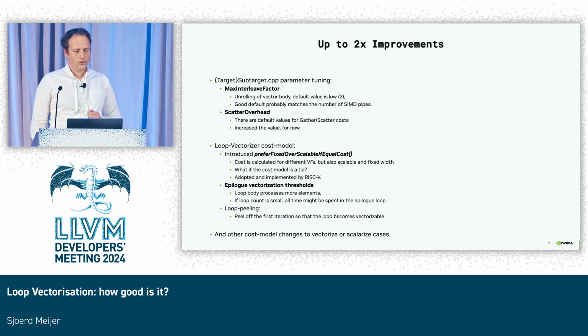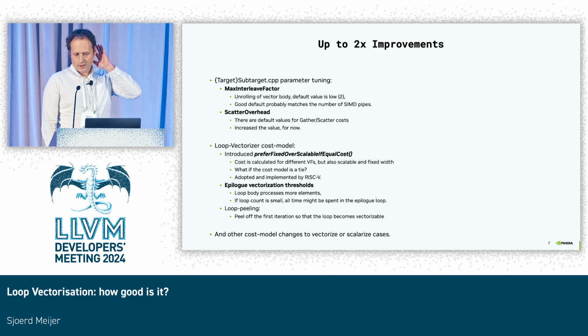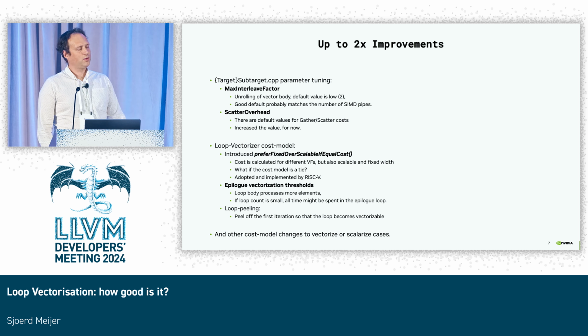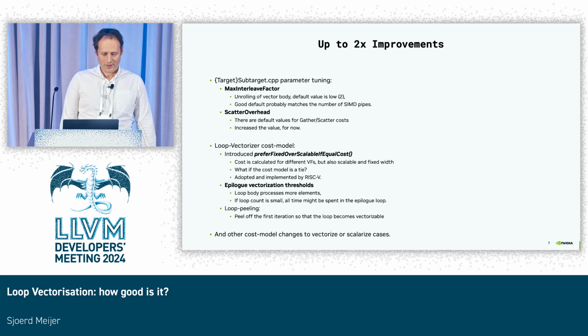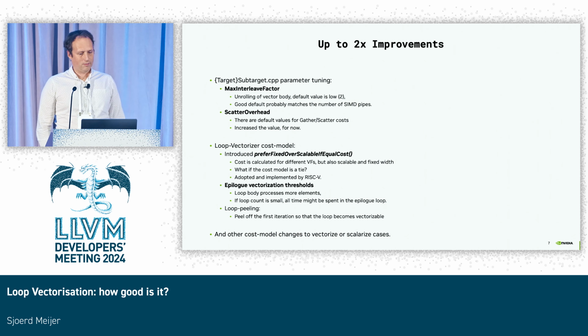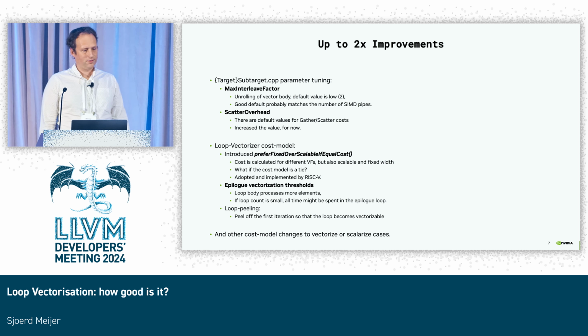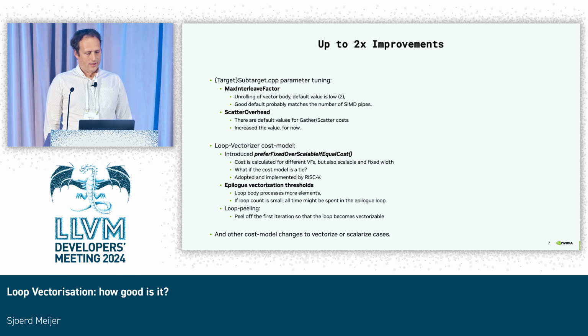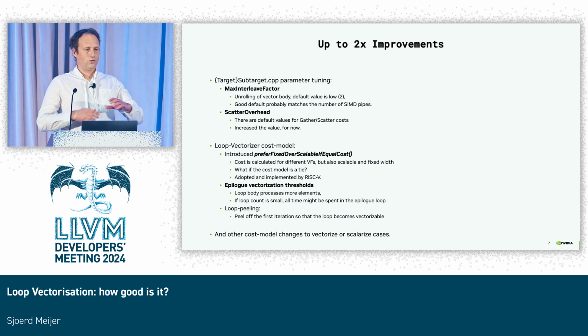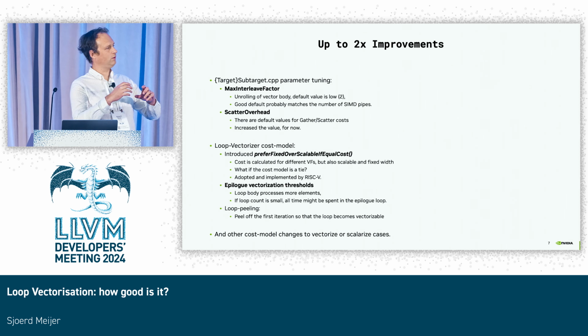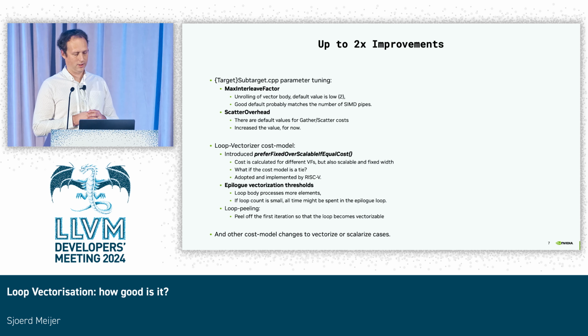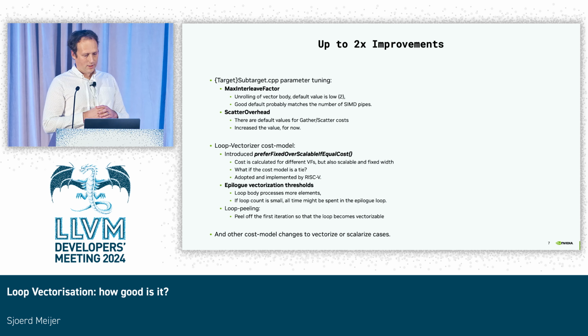There is a lot of tuning that can be done in subtarget.cpp. There are all kinds of parameters that can be tuned. The first one that I mentioned is max interleave factor, which controls the unrolling of the vector body. Unrolling that could result in better utilization of the SIMD pipes.